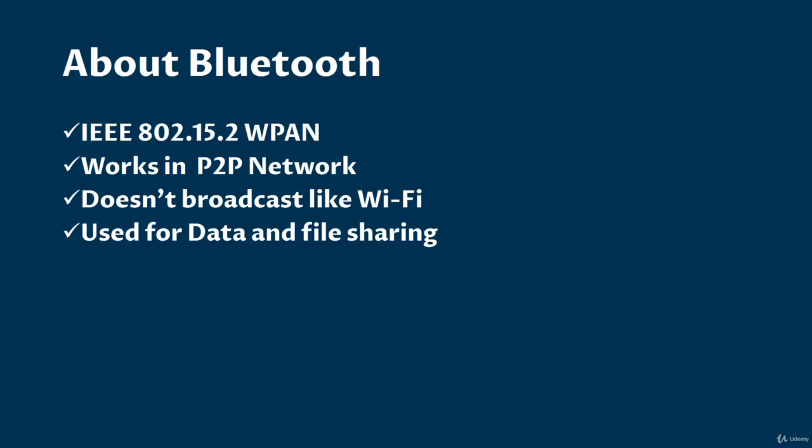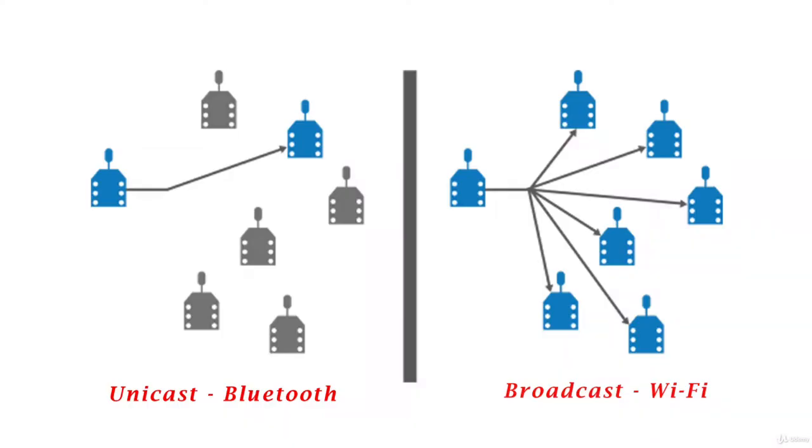Bluetooth is a technology which is based on the IEEE 802.15.2 standard of wireless personal area network. Mainly, Bluetooth uses a peer-to-peer network. If you want to send some files to your friend's phone, then simply connect the two phones together using Bluetooth. The network will have no server and no client. It's a point-to-point communication.